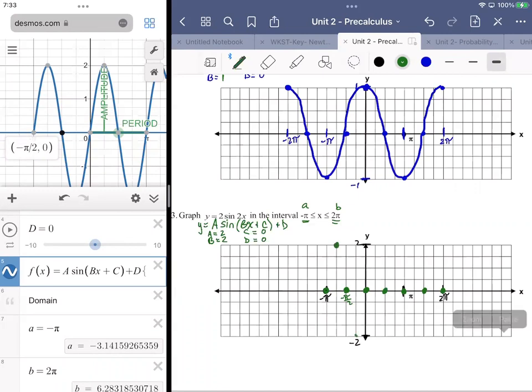Directly in between negative pi over 2 and 0, I'm at the minimum. So I'm looking at that graph. Now, periodic functions repeat over and over again throughout their domain. So this same pattern has to propagate throughout the entire domain.